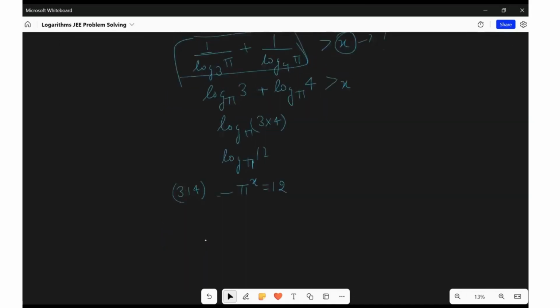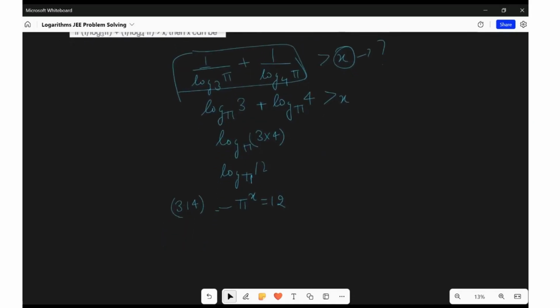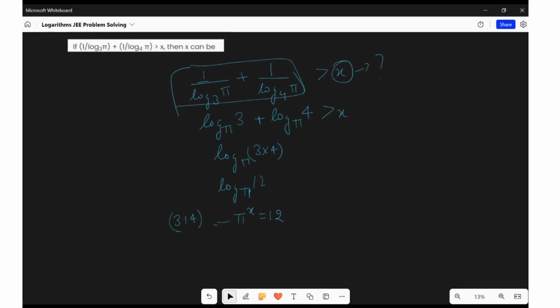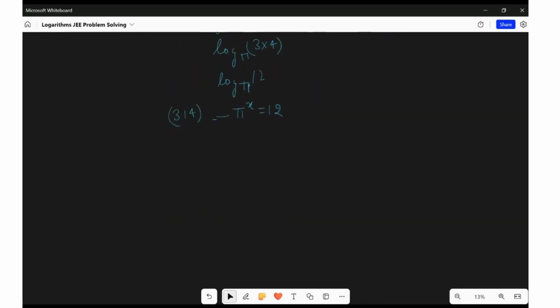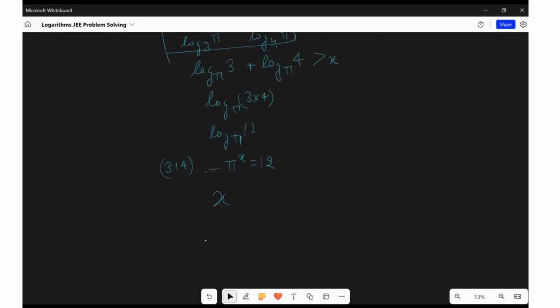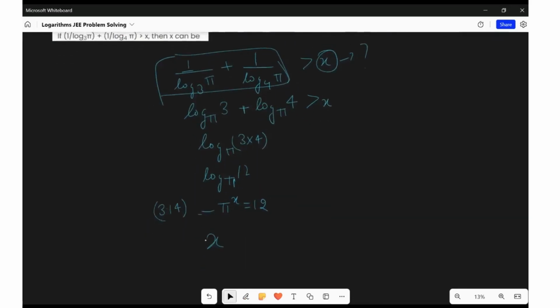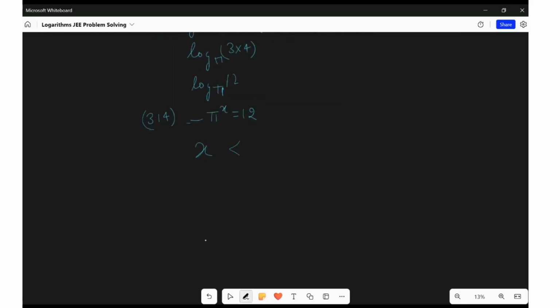So then x can be, the possible values of x is that it should be less than 2.25, or x should be less than 2.